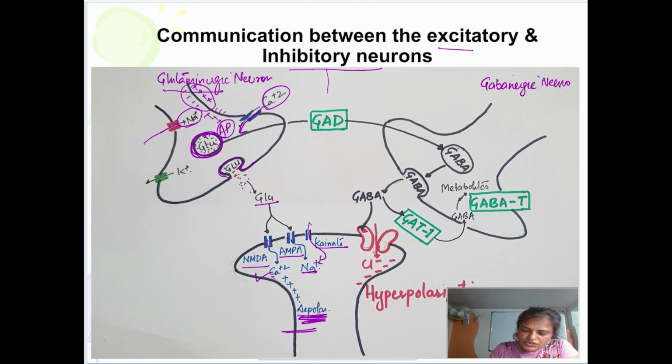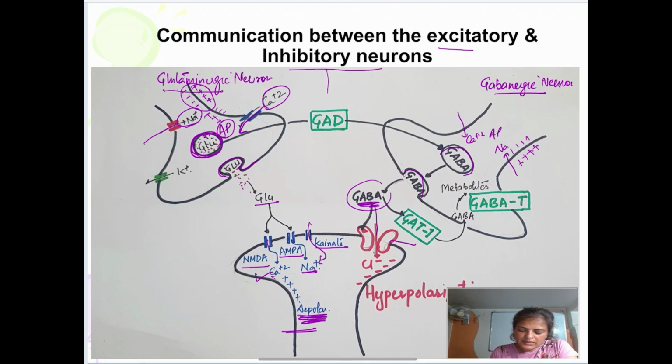In this GABAergic neuron transmission, it is the same here: negative ions inside and positive ions outside. Whenever there is activation, the sodium ion will move inside, then the action potential will be generated, and calcium moves in and causes a fusion of this vesicle with the membrane, and there is a release of GABA. Once released, this GABA is going to act on the receptor.